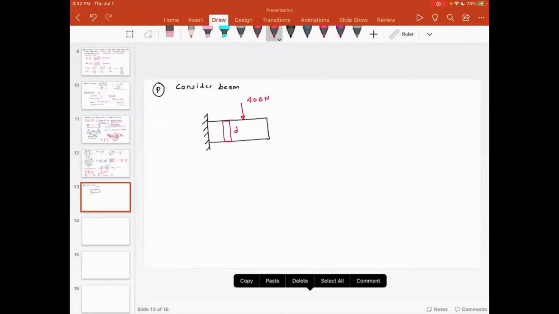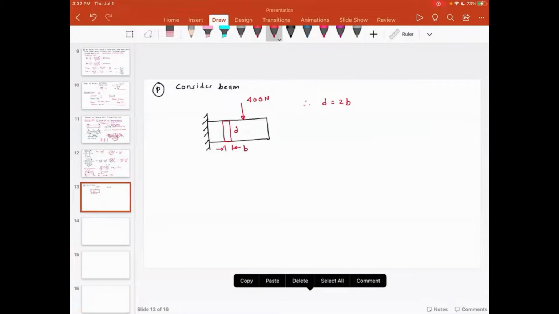This is the dimension D, and this is the dimension B. And they are saying D is equal to 2 times B. So this is the cantilever beam, and the load is 400 Newton acting at 300 millimeter, and the depth of the beam is 2 times the width of the beam.